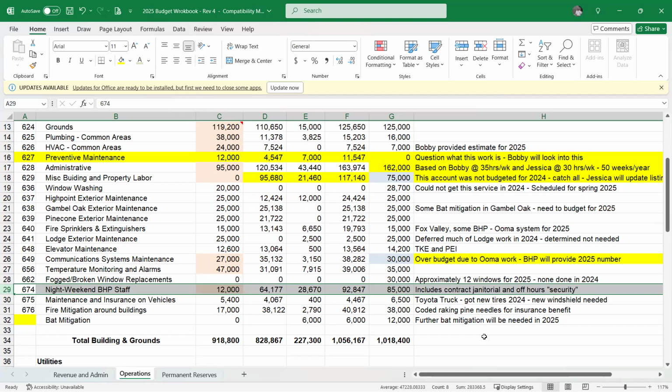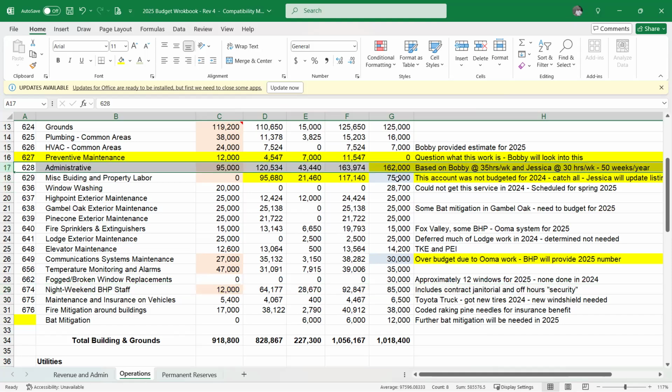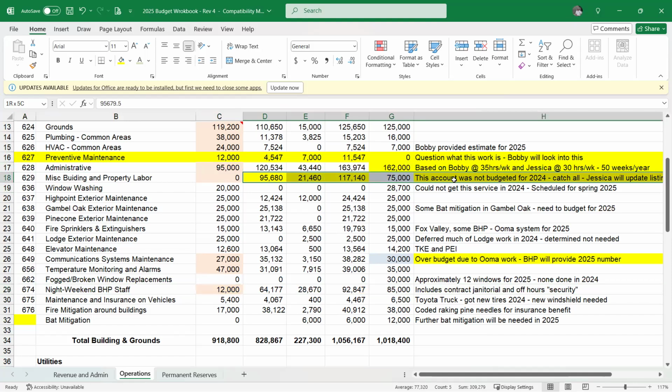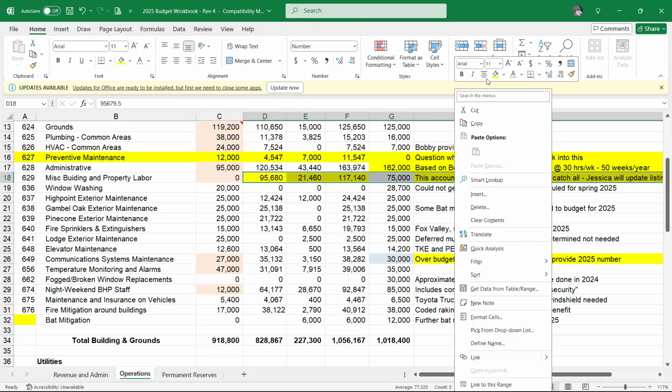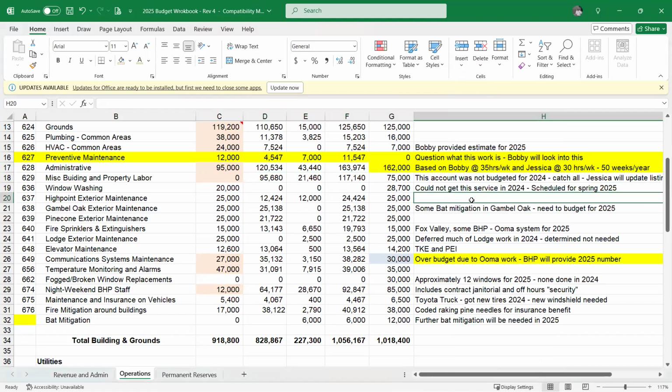All right, then, moving on, I think we agree for 75,000, and now it's on to window washing. Give me a second, I'm catching up here. Window washing, yeah.